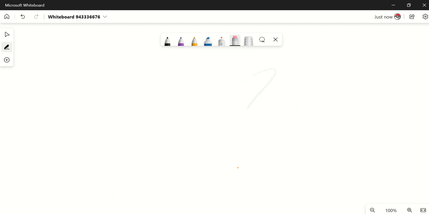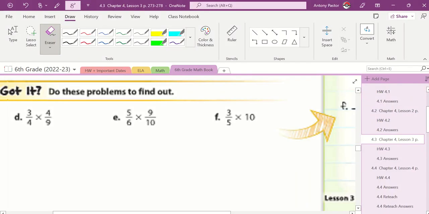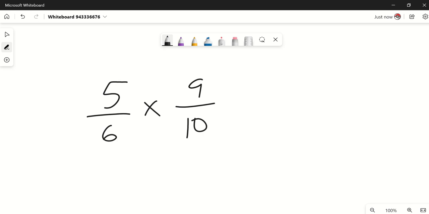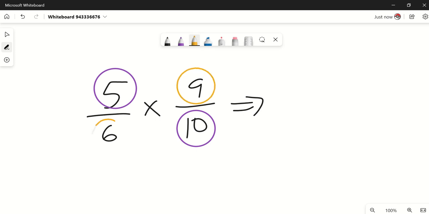Next example. We have 5/6 times 9/10. And we are going to have to rewrite this problem completely because 5 and 10 have common factors and 9 and 6 both have common factors. 5 and 10 both have 5 in common, which will make this 1 and make this 2.